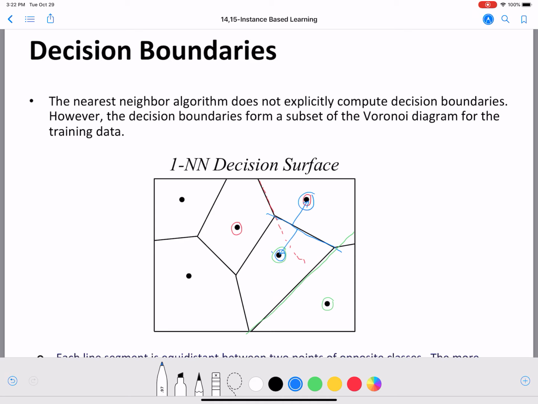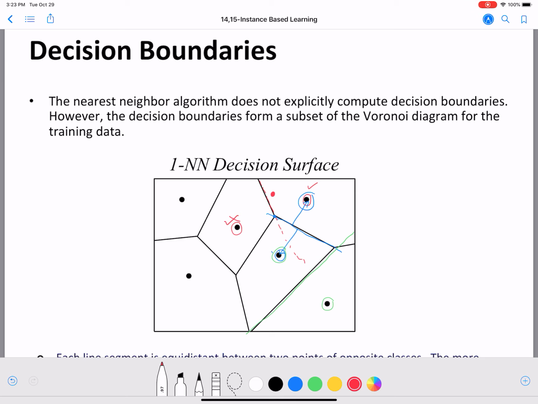Now let's understand what the boundary actually signifies. Suppose you want to make a classification of this point. Then you will look at this data point, right? Suppose the point actually lies on the other side. Then you will look at this point. So that's exactly what the boundary signifies.